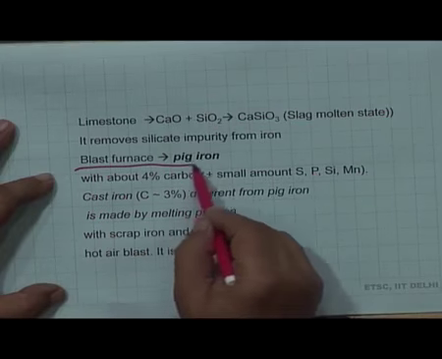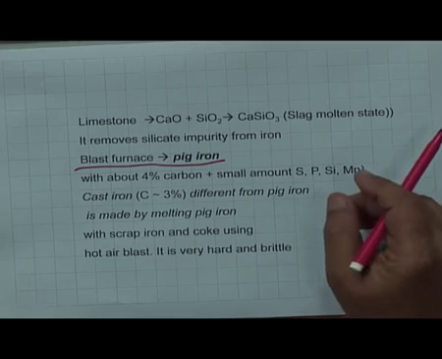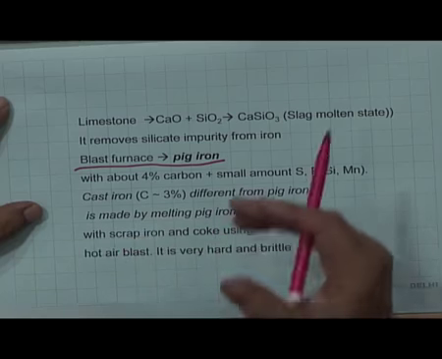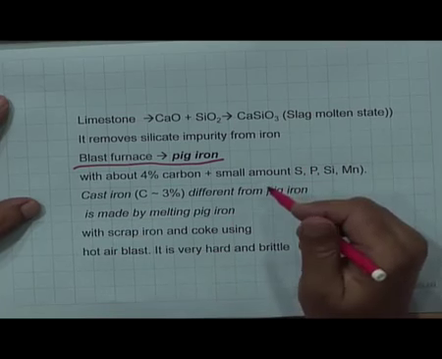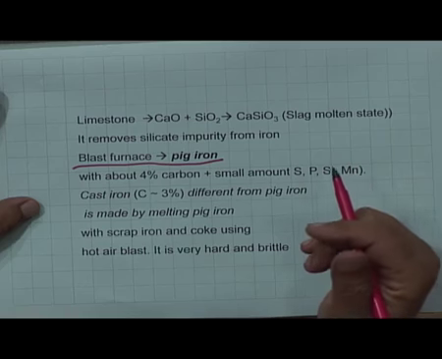So, the iron from the blast furnace is called pig iron, because when the molten iron comes out from the furnace, its shape is like that of a pig, that is why it is called pig iron.